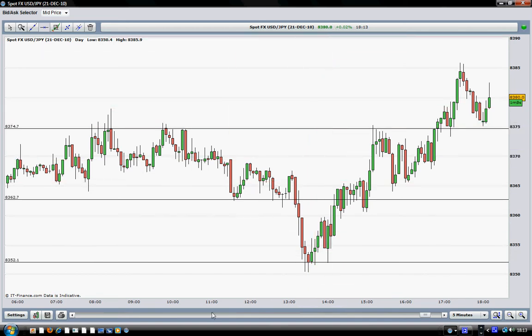This is about the inverted head and shoulder. This will give you a bit of estimation how far the price is likely to go, because many traders use a pattern in their trading strategy. So this will allow you to go into the mind of those who are busy using the inverted head and shoulder pattern.